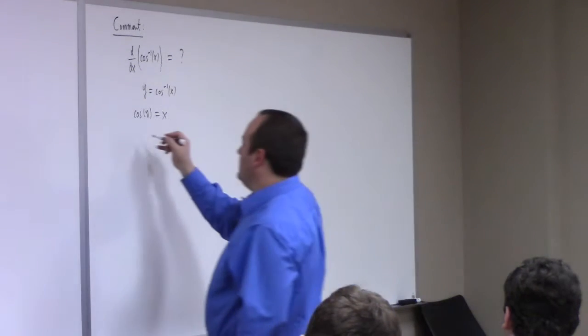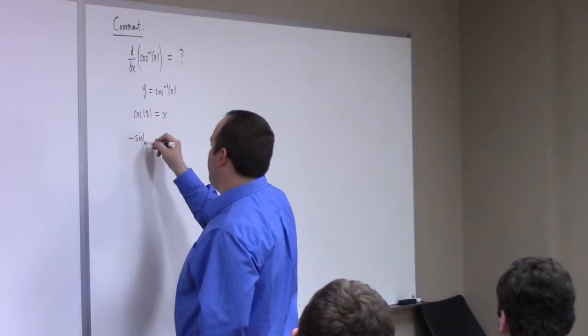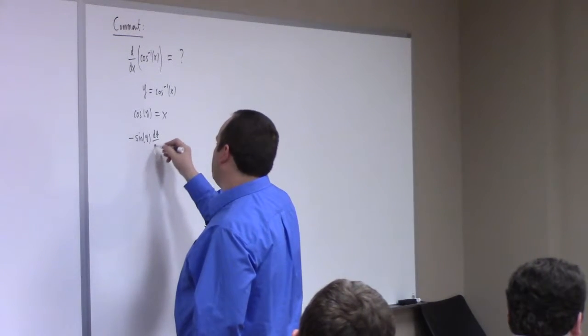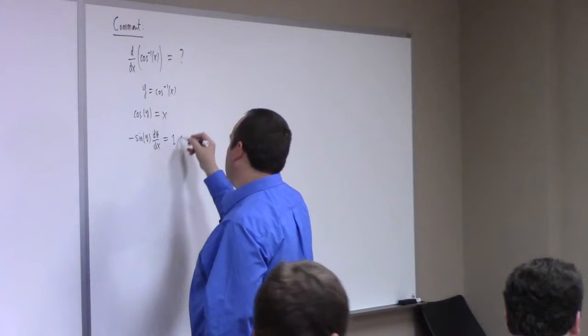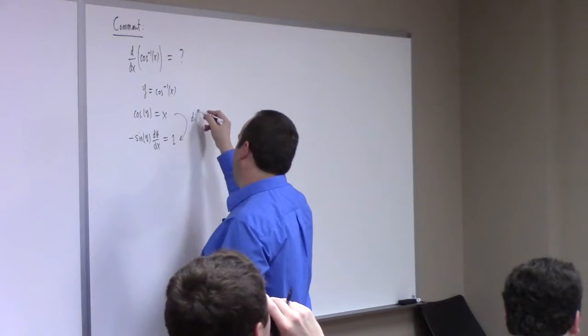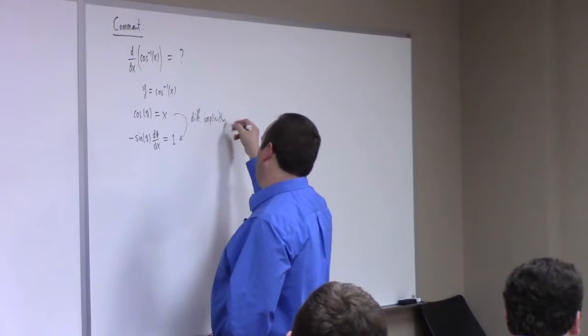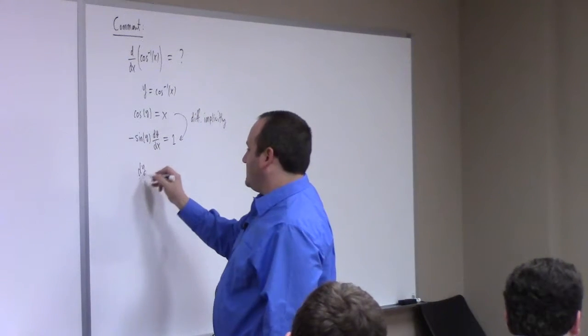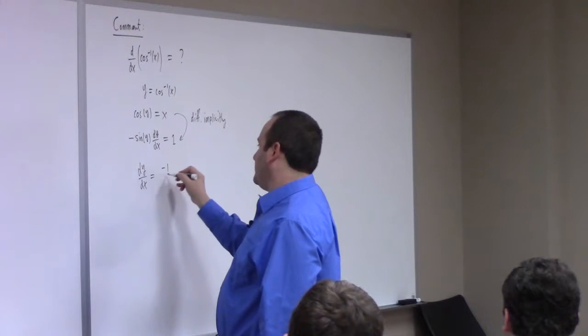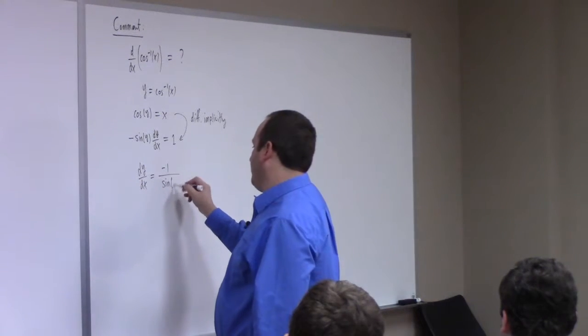This gives me minus sine of y dy/dx is equal to 1, and then dy/dx is equal to minus 1 over sine of y.